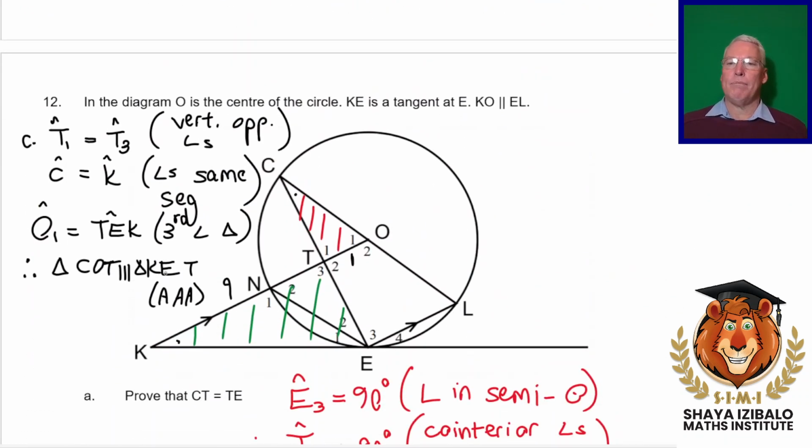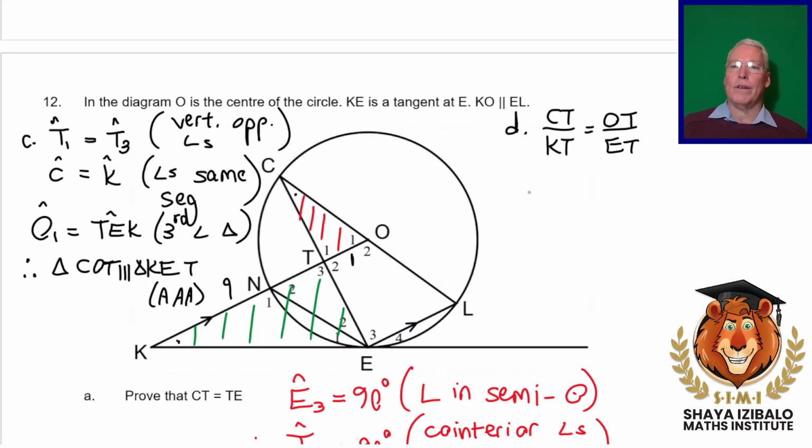So let's see if we can pull out a ratio over here. Well, if we take CT out of the first triangle, we must take KT out of the other triangle. Then we're going to take OT. If we take OT, we must take ET. Okay, and the reason that we can do this is because we've got similar triangles.